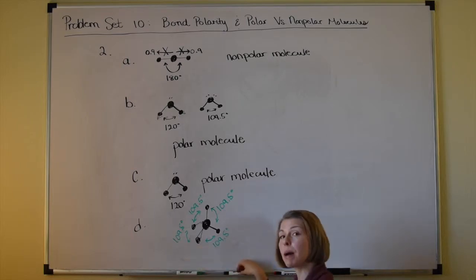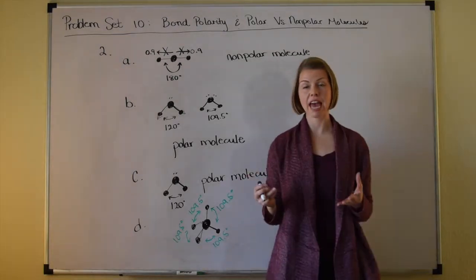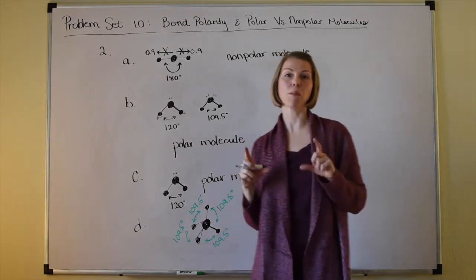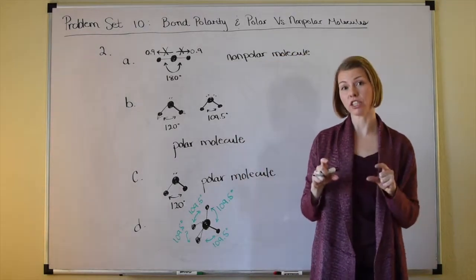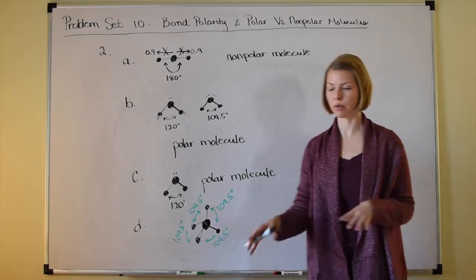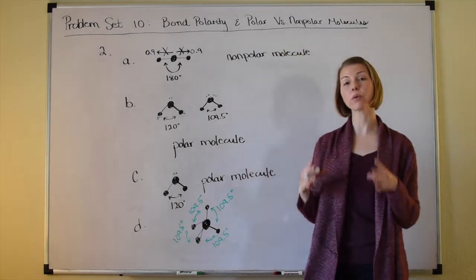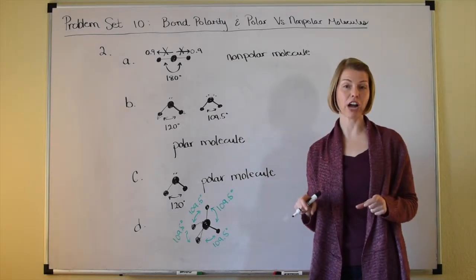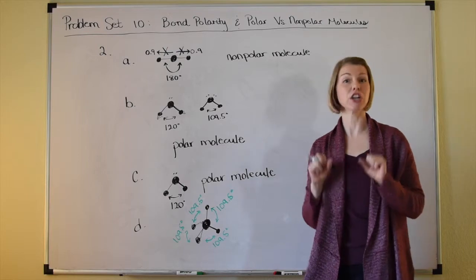So you might remember in tutorial 10 that we said anytime you have polar bonds that are equal in magnitude, like they are here, they're all a delta EN of 0.9, as given in the problem, okay? Equal in magnitude and opposing in direction, they will cancel each other out and the molecule will end up being nonpolar.